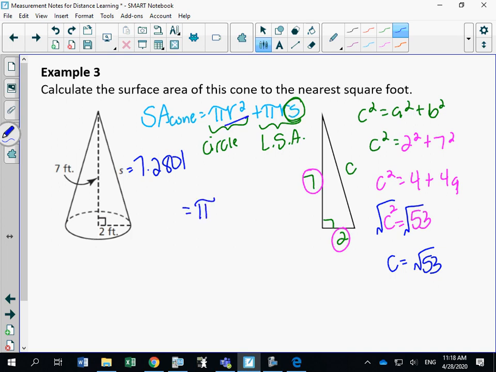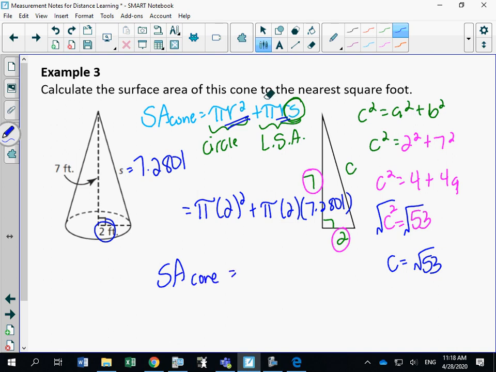So pi r squared is pi 2 squared, plus pi r s, where the radius is 2 and S is my slant height, which was 7.2801. So let's calculate the surface area of this cone.